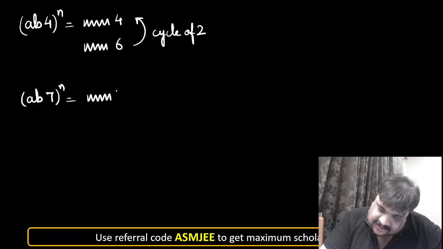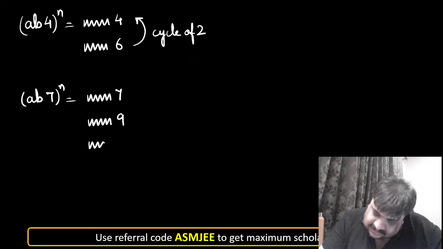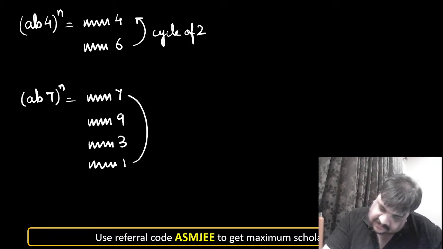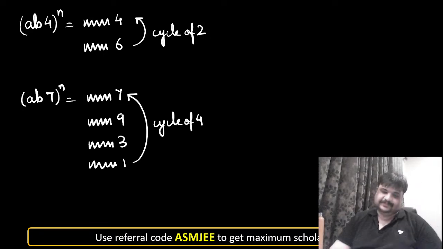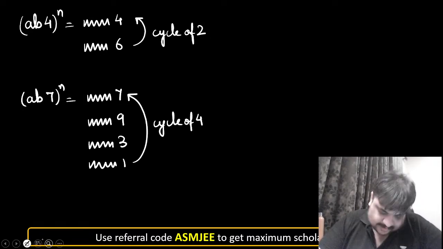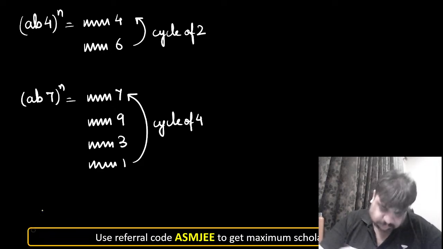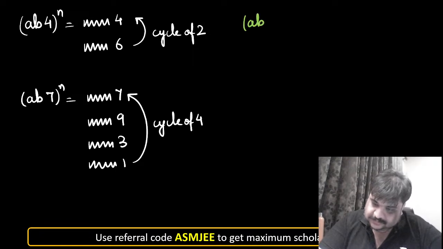So something 7, something 9, 9 sevens are 63, 1. Cycle of 4. Then AB with last digit 8, something 8, something, again a cycle of 4.